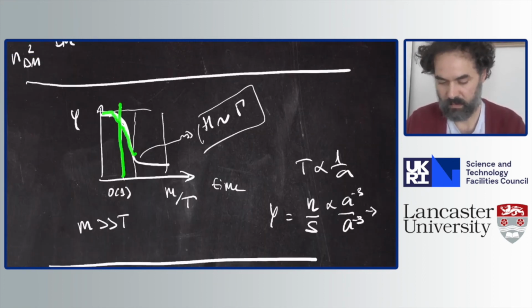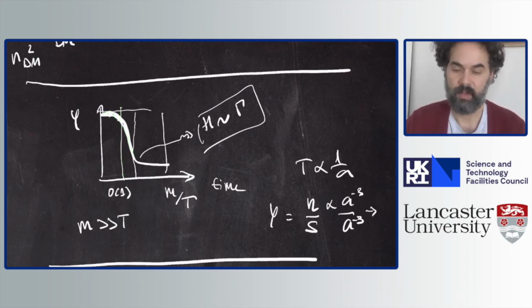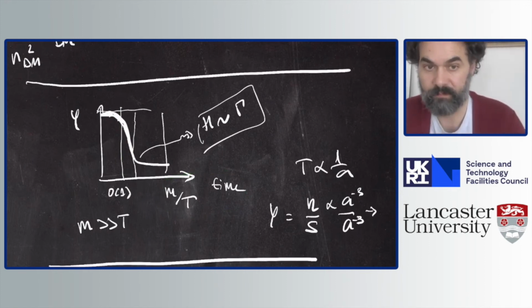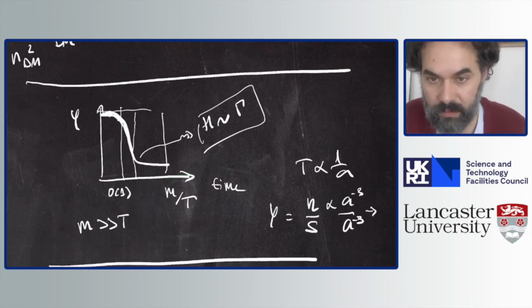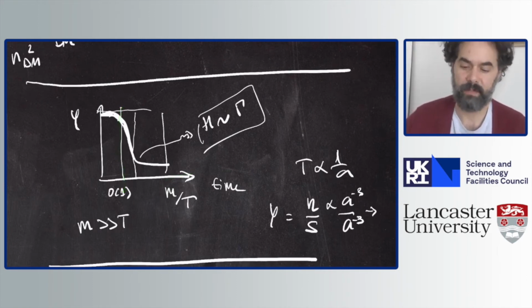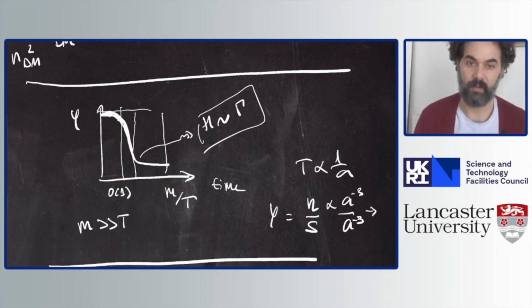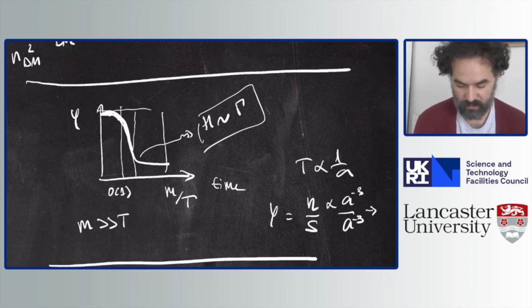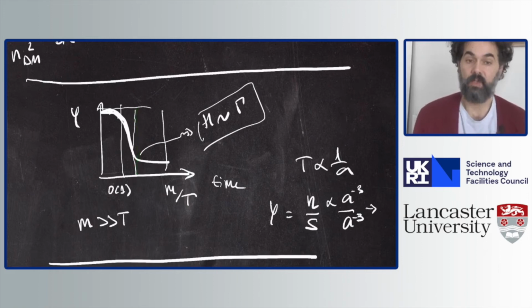So this is when m is of order T. Here we are exploring time in units of this variable m over T, x. When this is order 1, you become non-relativistic. The particle, if it is in equilibrium, tends to disappear, but at some point you leave equilibrium.